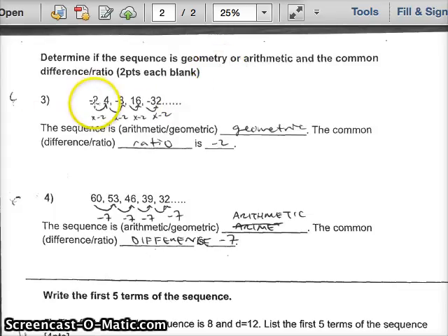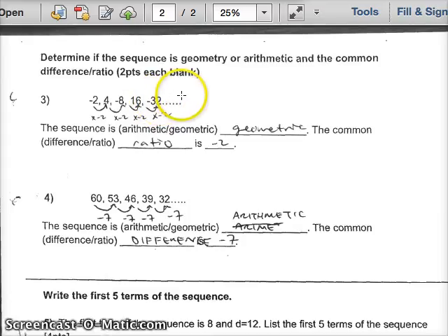So I recognize that when I'm going between each of these numbers, I'm multiplying by a -2. The reason why I see that is because I see it alternating: negative, positive, negative, positive, negative. So -2 times -2 gives me +4, +4 times -2 gives me -8, -8 times -2 gives me +16, 16 times -2 gives me -32.